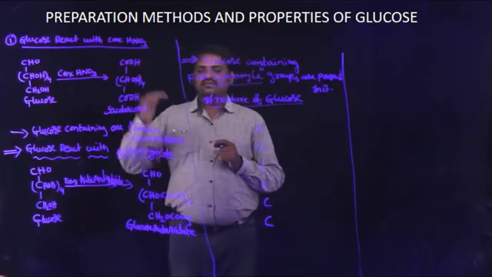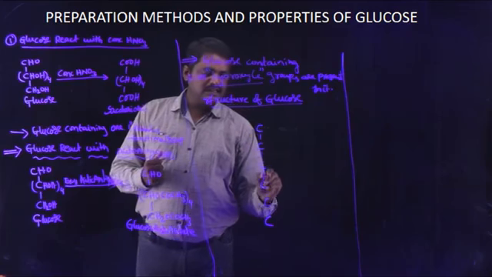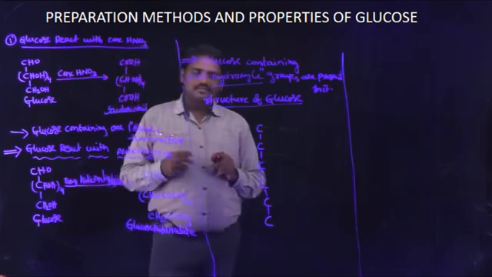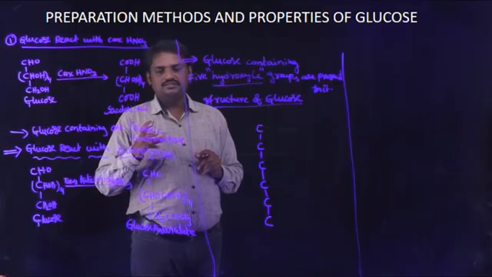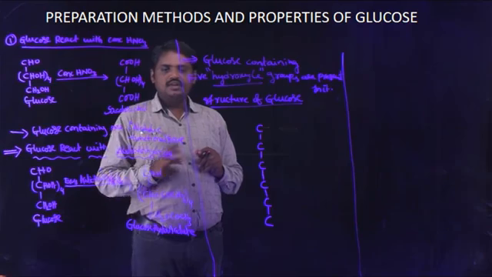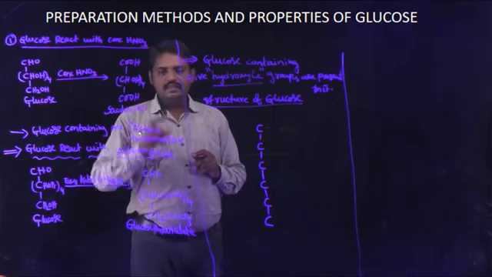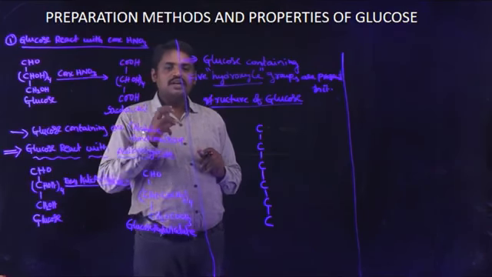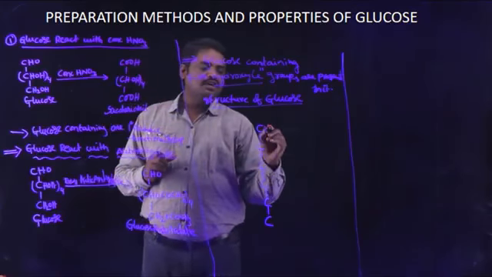This is the basic skeleton of glucose. And the second one, glucose reacts with hydroxylamine and is converted to oxime. This reaction is based on glucose containing one aldehyde group, which means the first carbon involves an aldehyde group.